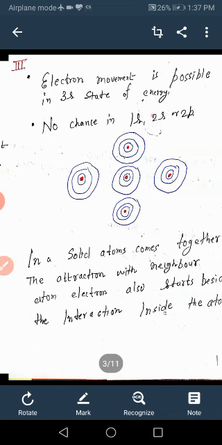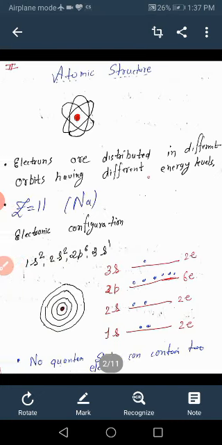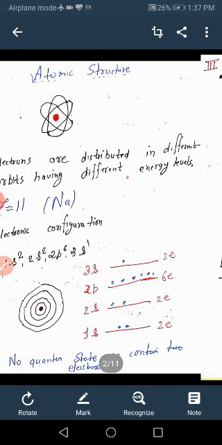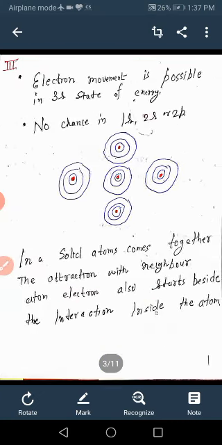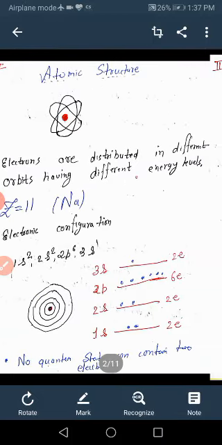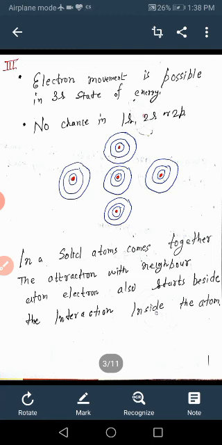Here you can see the electron movement is possible in the 3s state of energy. This is related to a particular atom. Before understanding this statement, you need to understand that this is related to one atom, but in solids we have atoms in a crystal structure.